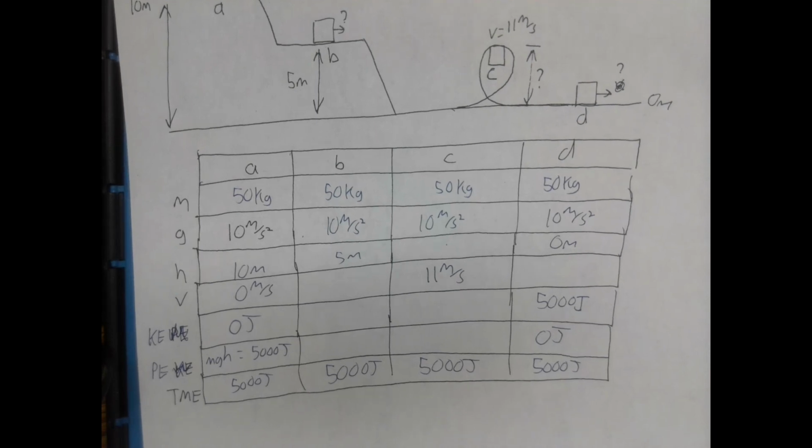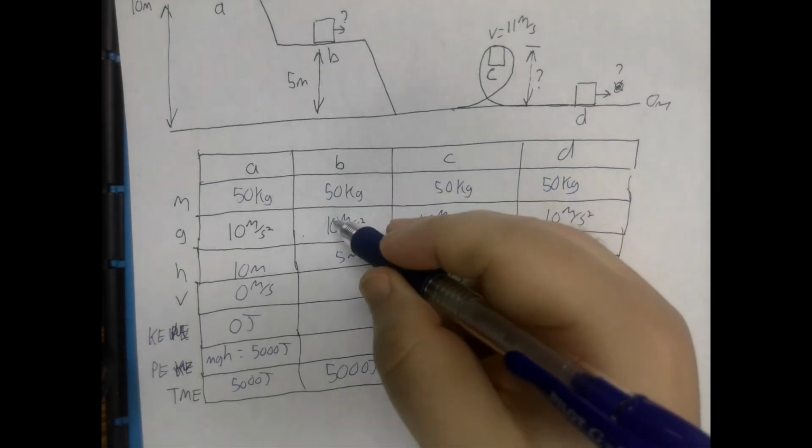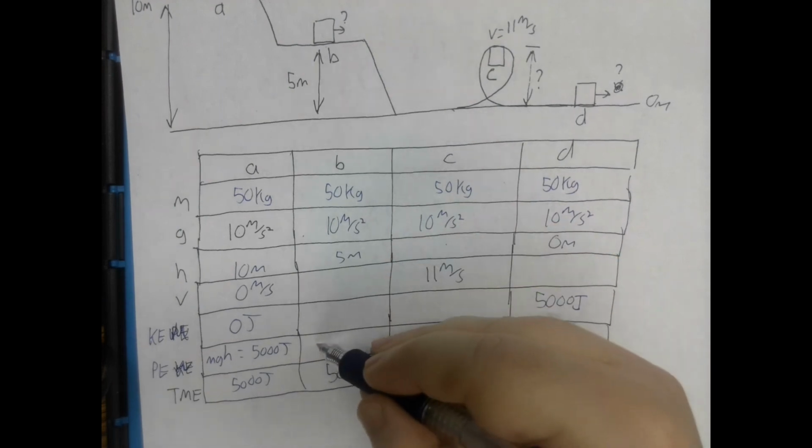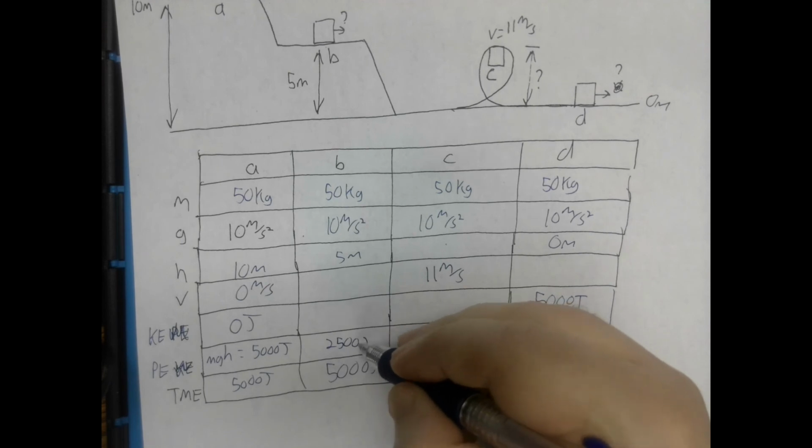So what's next? Alright, so 50 times 10 times 5. 2,500.